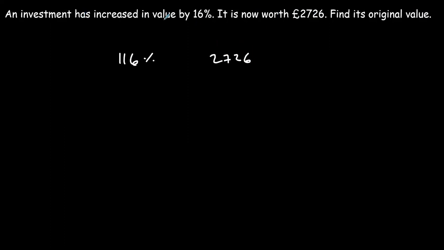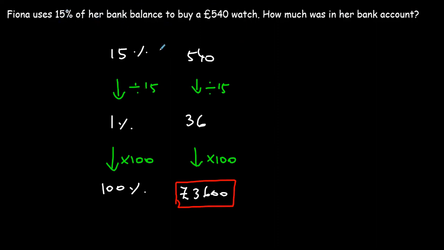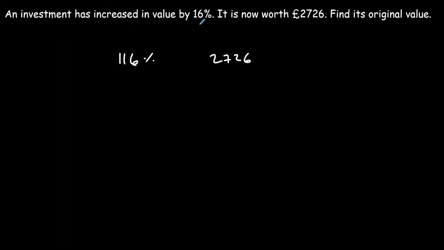So that's why it's important to read the question carefully, because these questions are often worded differently. So sometimes it's just this value would be the percentage that corresponds to the given value. And sometimes there would be an increase or a decrease that you have to take account of. So we just proceed as usual.